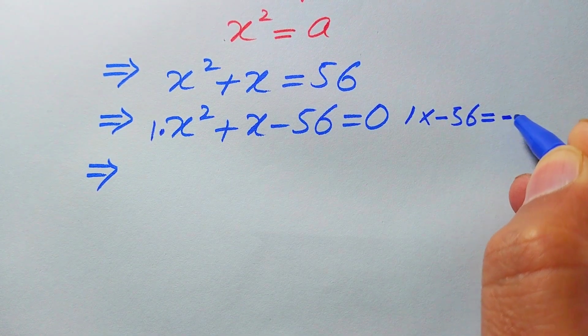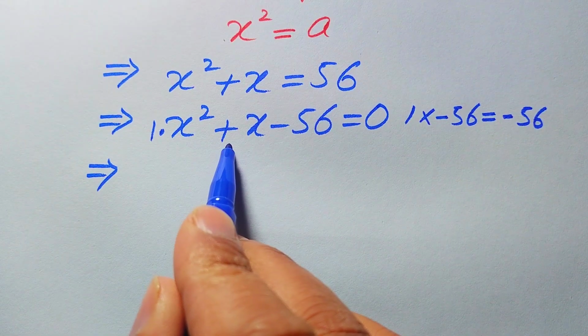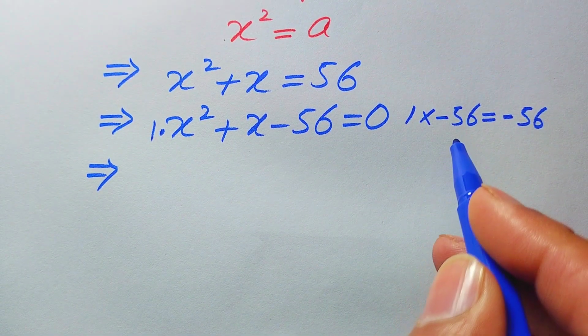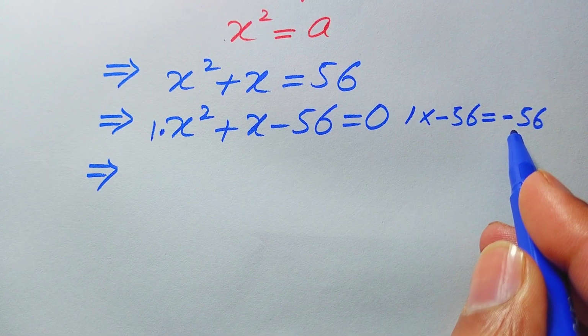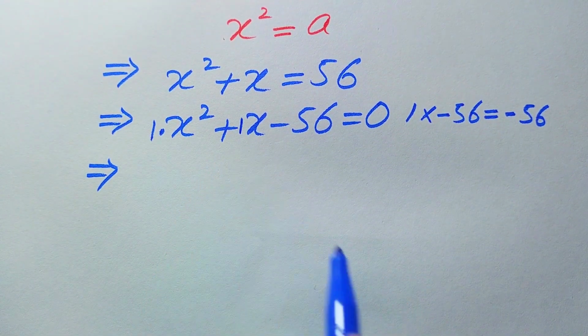So 1 times minus 56 is equals to minus 56. And here the coefficient of x is plus 1. So we find two numbers whose product is minus 56 and whose sum is plus 1.